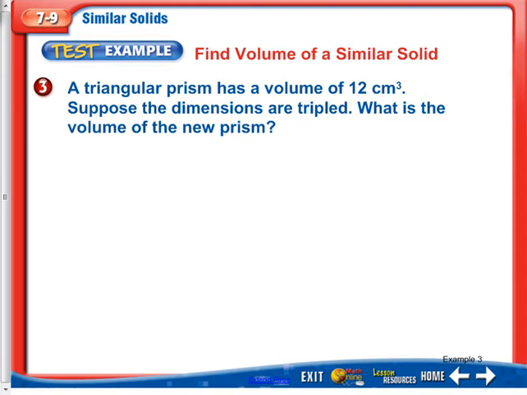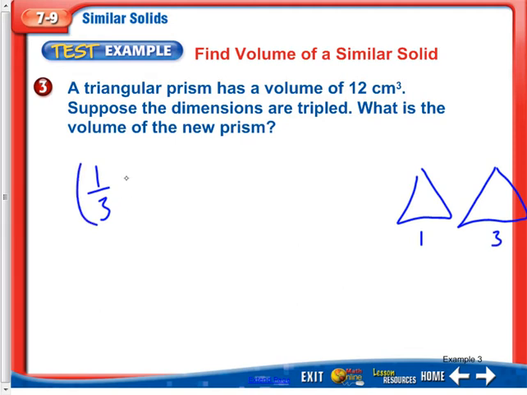So the dimensions could be like 1 to 3 or 2 to 6. I'm just going to use 1 to 3 because that would be easiest. If I had my prism here, this one would be 1, and the next one would be a 3. So that would be tripled. So we can just make up our own here.